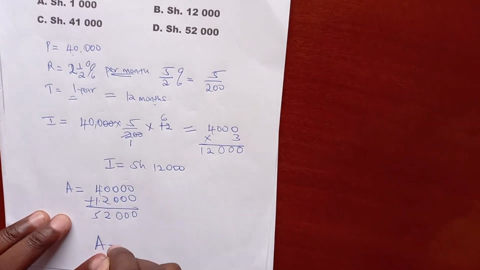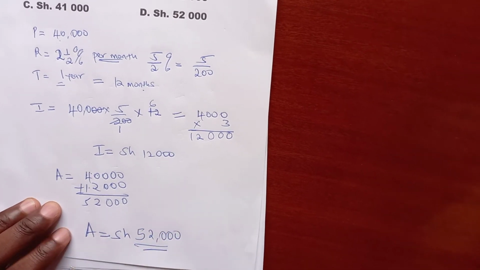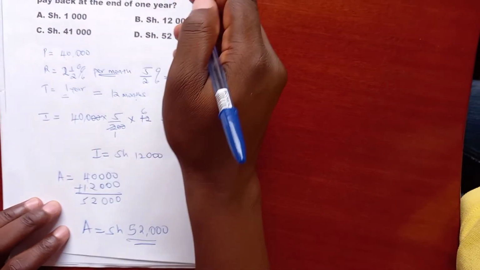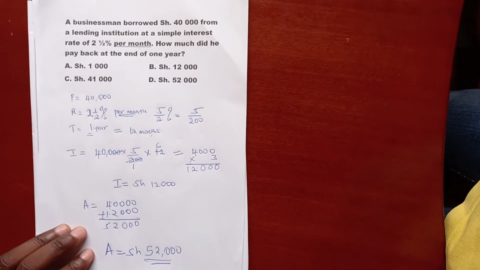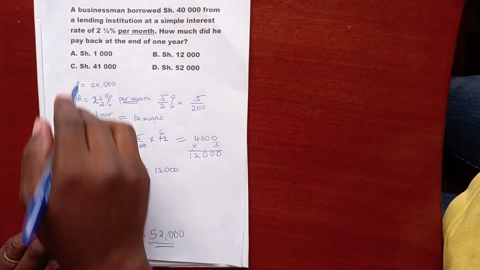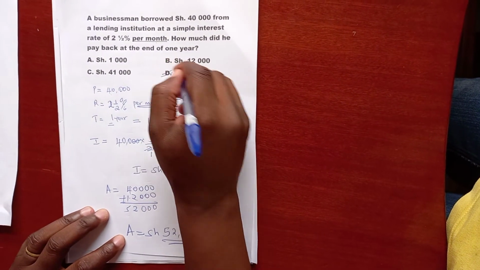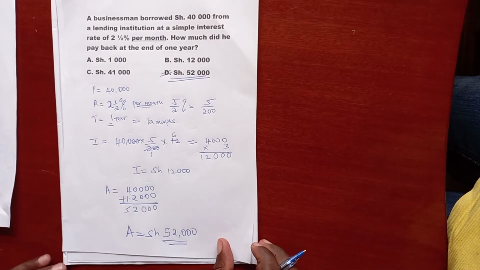So our amount is shillings 52,000. Learners, always answer the correct answer. Some learners rush to write the interest, but the question is asking how much was payable. So it is 52,000, which is our amount.